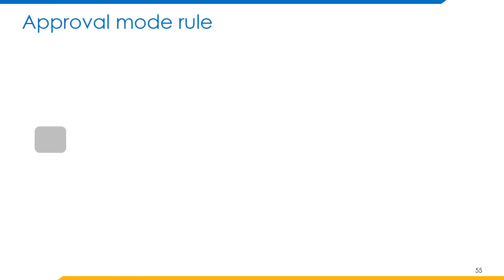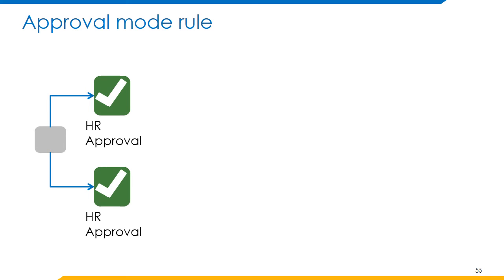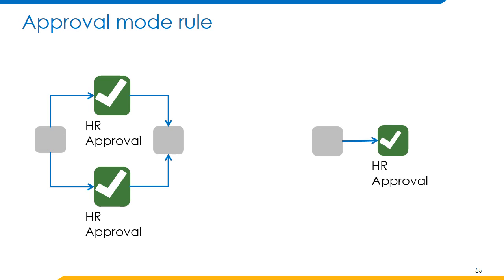Approval mode rule. The approval mode rule corresponds to how various multi-level approvals are going to happen at the current step. There are many approval modes: serial, parallel, and any are some of them.